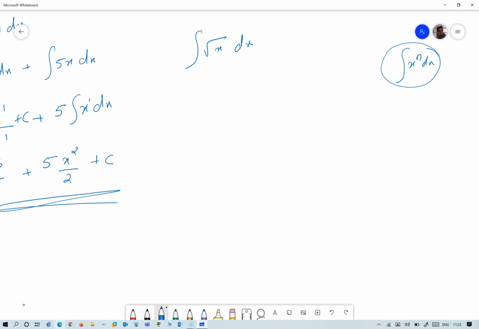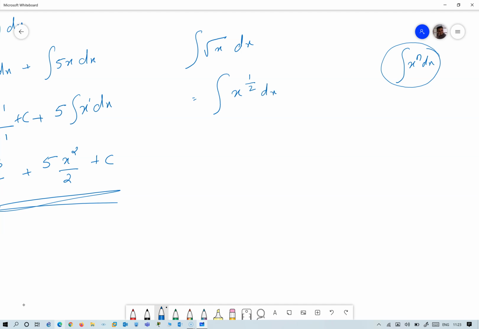But root x dx doesn't look like the x to the power n format. So to change this to the x to the power n format, you have to rewrite this as integral x to the power 1 over 2 dx.